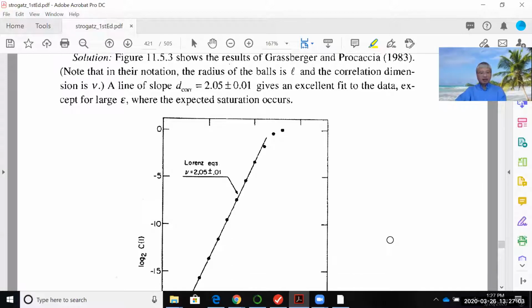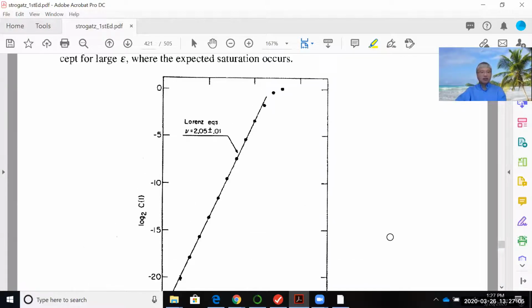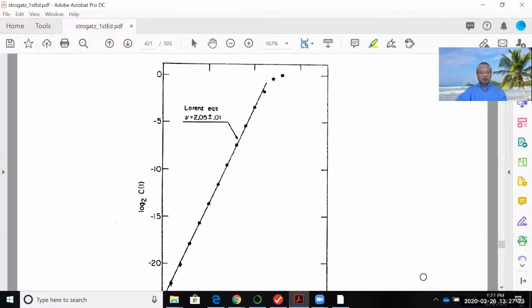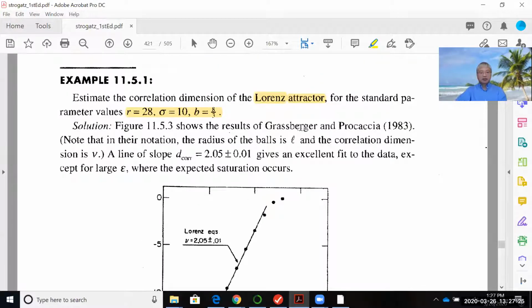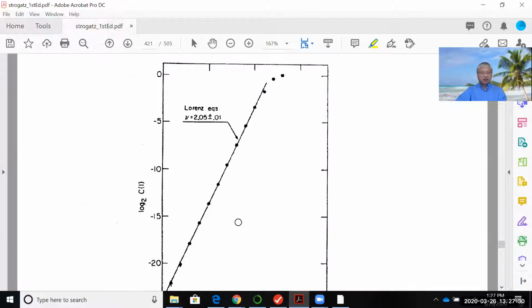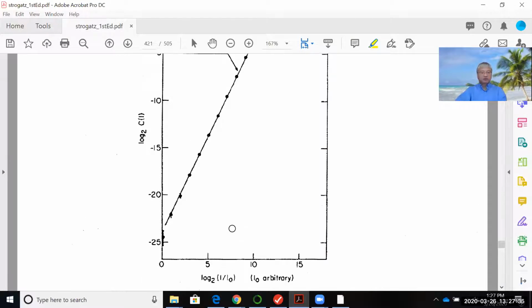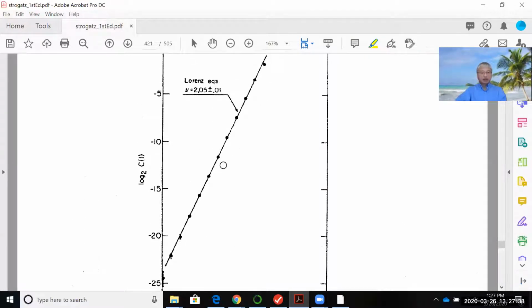So here is actually a calculation of the correlation dimension for the Lorentz attractor with this particular parameter of r, sigma and b. Back in the 80s, Grassberger and Procaccia did this calculation. They noticed the scaling of log C over log of epsilon works in this range.